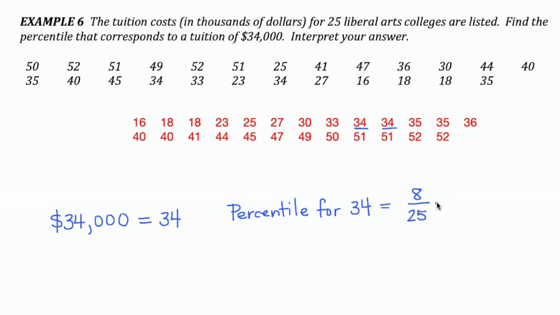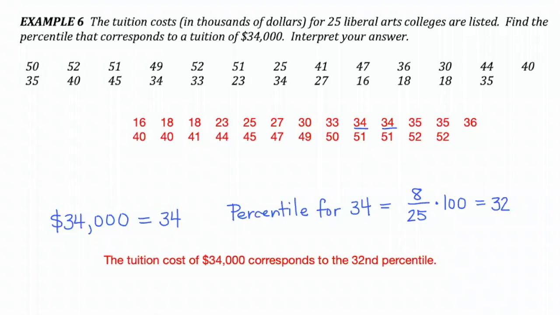And then I will always multiply that by 100. And that gives me 32. So the percentile rank for this data is 32. Therefore, the tuition cost of $34,000 corresponds to the 32nd percentile.